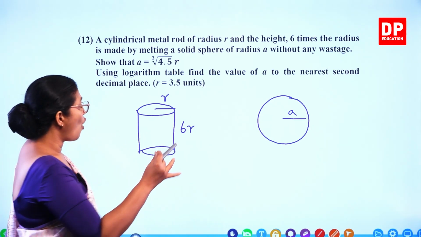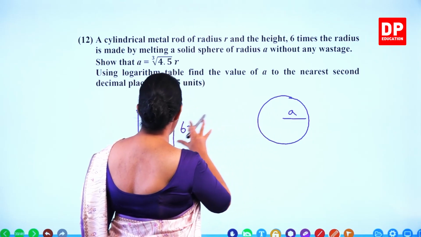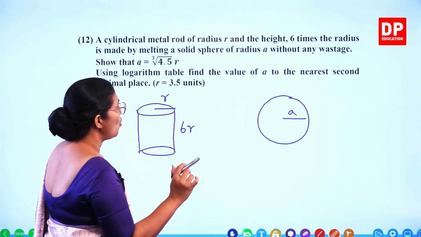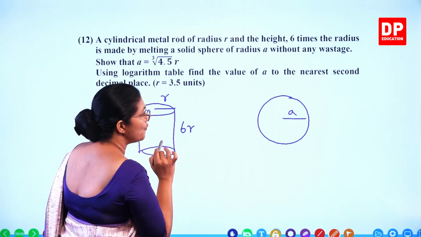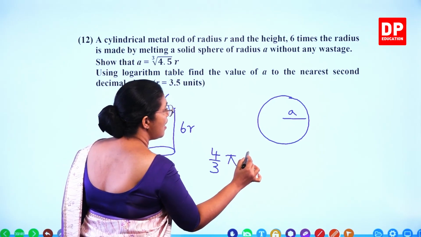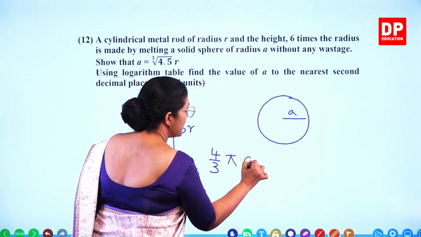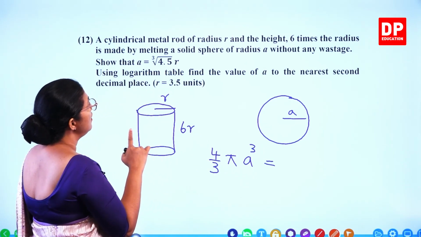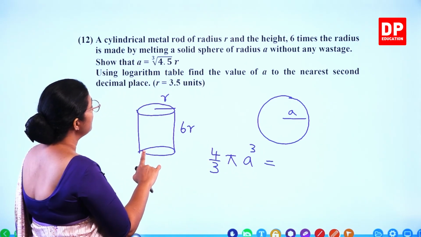So here the volume of this is the same as the volume of this, if there is no wastage. So what is the volume of the sphere? 4/3 pi radius cube, that is a cube. That should be equal to the volume of the cylindrical metal rod.